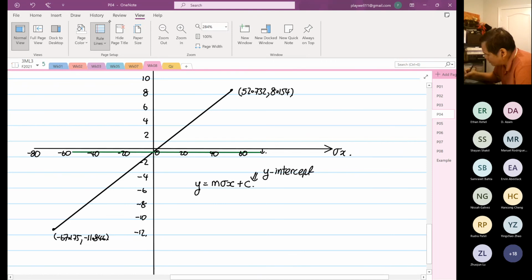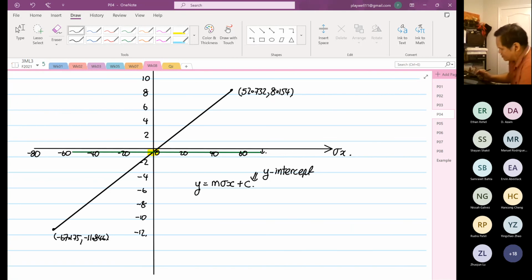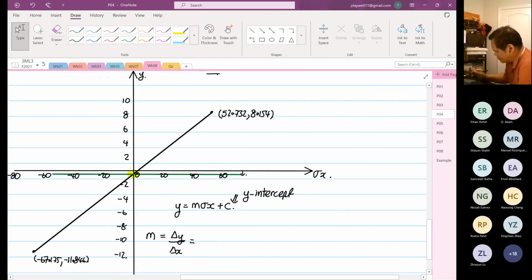This is very easy math. First you have to find the gradient m, which is change in y divided by change in x. If we look at change in y, we're going to take the whole thing.